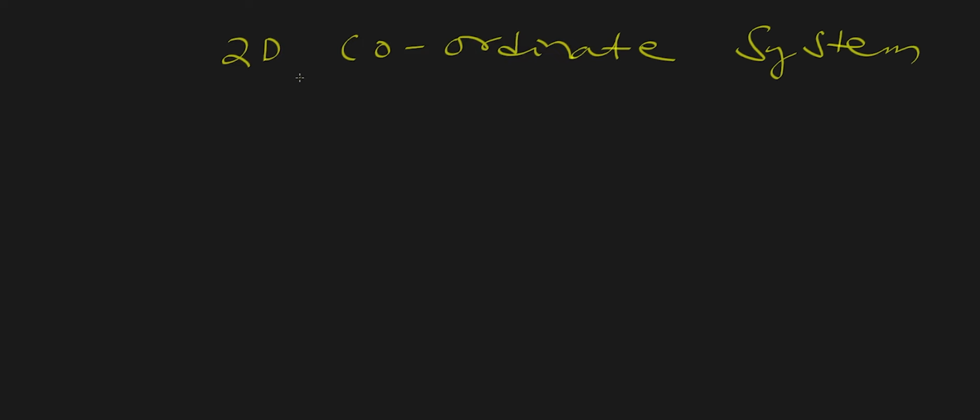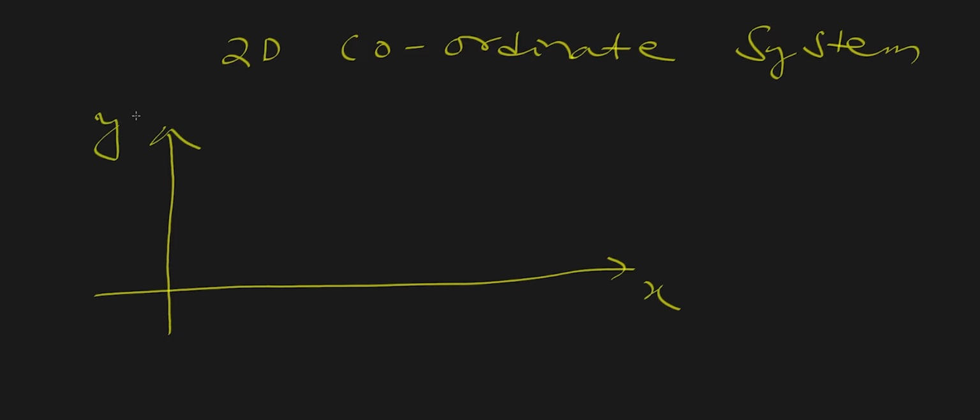First, let's recall the 2D coordinate system. This system has two axes, x-axis and y-axis. The x-axis runs horizontally, and the y-axis runs vertically.